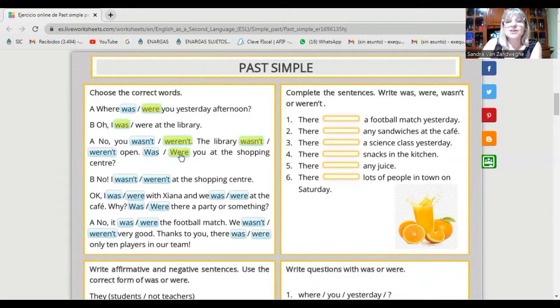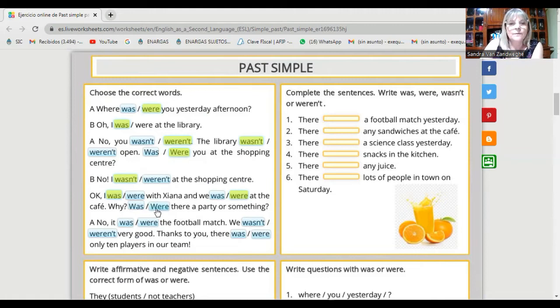Were you at the shopping center? No, I wasn't at the shopping center. Okay. I was with Sienna and we were at the cafe.